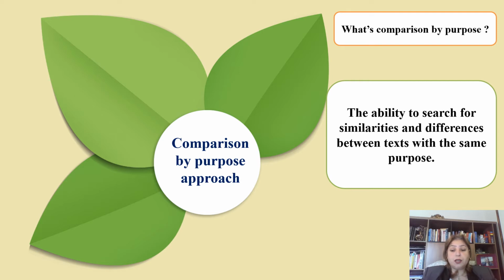So I have two texts and I make a comparison according to some key points or key ideas, and these two texts are similar in their purpose or the messages that they need to send. So this is the meaning of comparison by purpose.